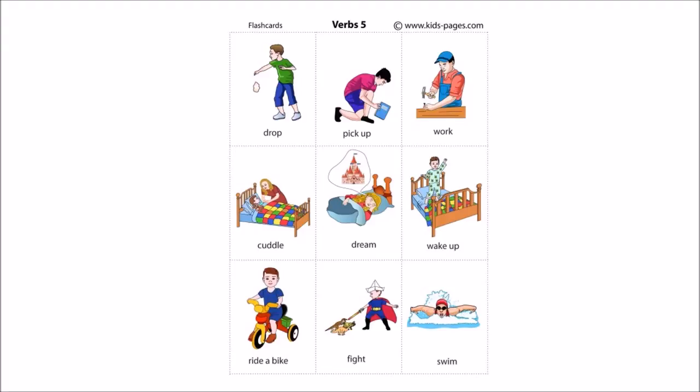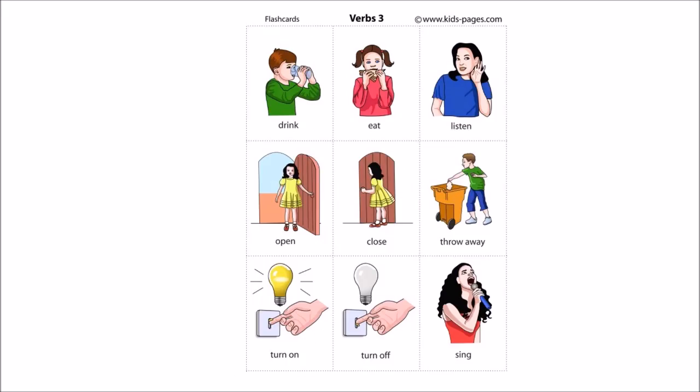What you do in swimming pools, in water, is to swim. Repeat after me. Swim. So, drink. Drink coffee, drink water. Repeat after me. Drink. Eat. Eat sandwich. Eat chocolate. Repeat after me. Eat.